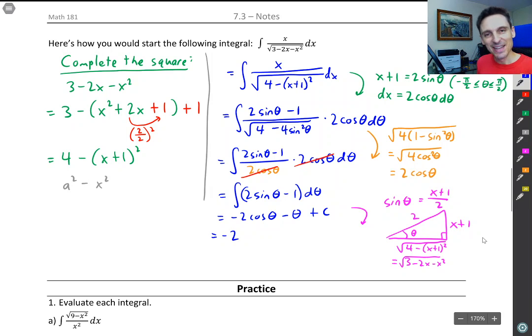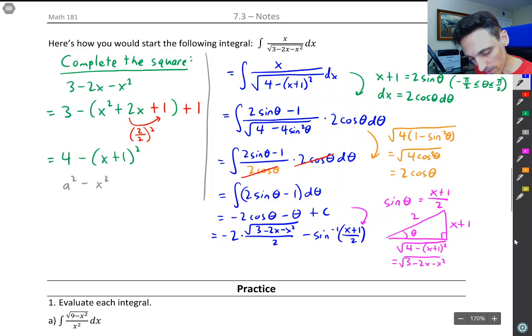All right, so cosine theta then in this triangle would be adjacent over hypotenuse. That would be this radical over 2. So we have the radical 3 minus 2x minus x squared over 2. And then minus theta, which is going to be inverse sine of x plus 1 over 2. We'll put our little plus c at the end. Inverse sine because we can take that relationship, sine theta equals x plus 1 over 2, and just do inverse sine to get theta.